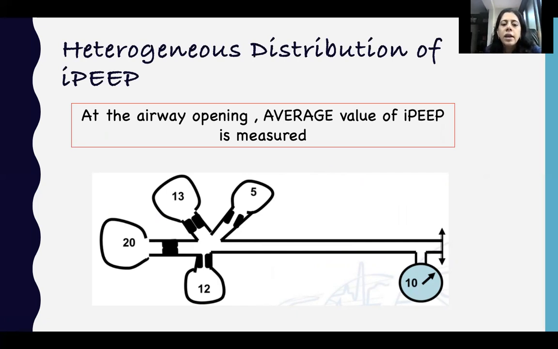To understand this easily, I have shown a figure with 4 alveoli. These 4 alveoli have different time constants and different pressures inside them, depending on their degree of obstruction. But this alveolus is completely closed, it has a critical closing point, and is not communicating with the central airway. Only 3 alveoli are communicating with the central airway, and based on these readings the average auto PEEP that the ventilator could calculate was 10 centimeters of water.